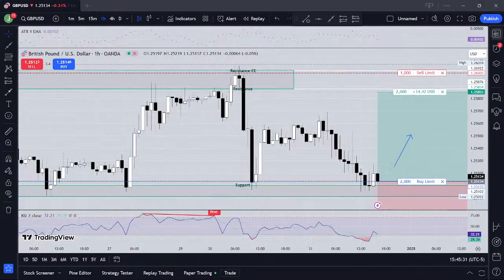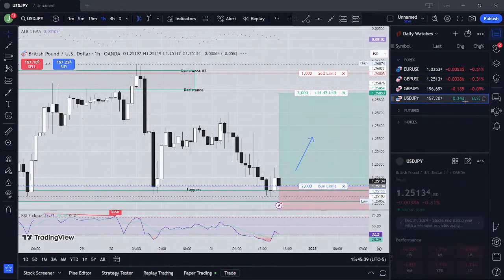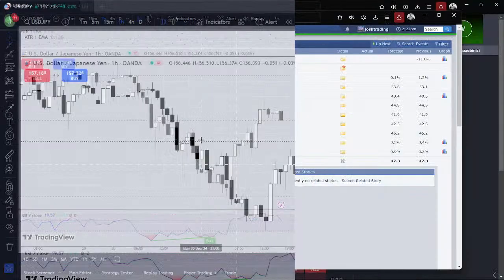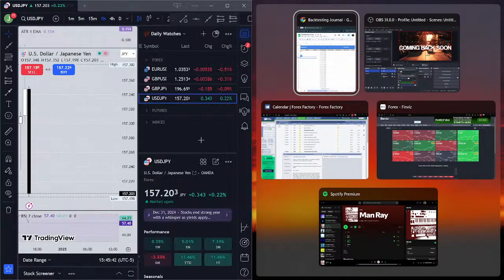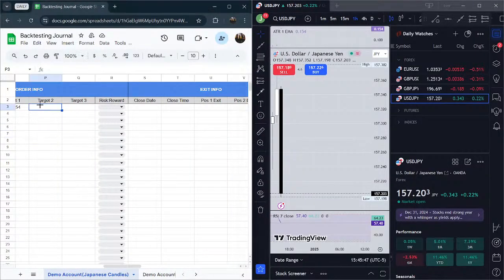So right now, 1.26005. I'm gonna go to the Japanese yen and the dollar because it's been looking good. I'm just gonna add 1.26005, right? I think that's right.